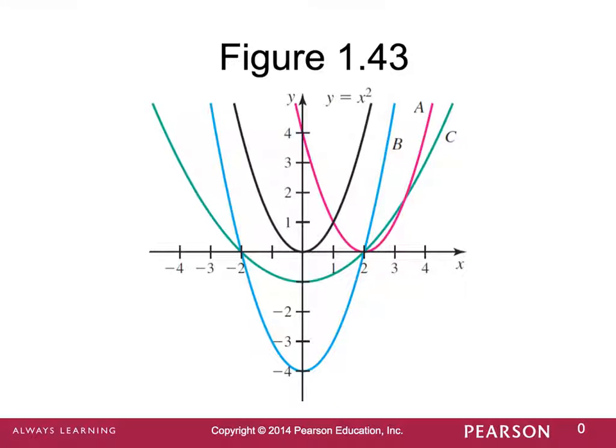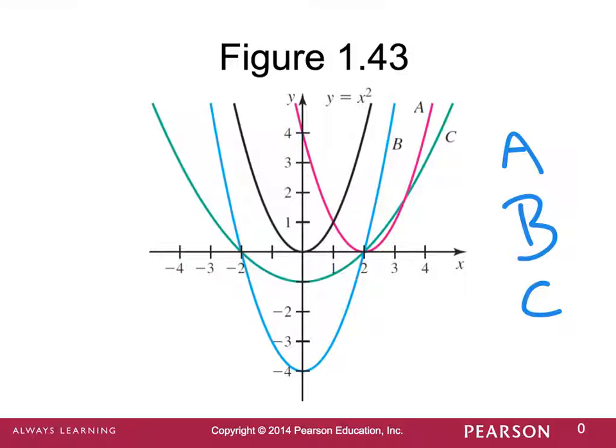So this example here shows that we have the black curve y equals x squared, and we have 3 other translations of that. Now you should be able to look at this and tell me what is the function of a, b, and c based off of the fact that it's just a translation of the parabola y equals x squared.